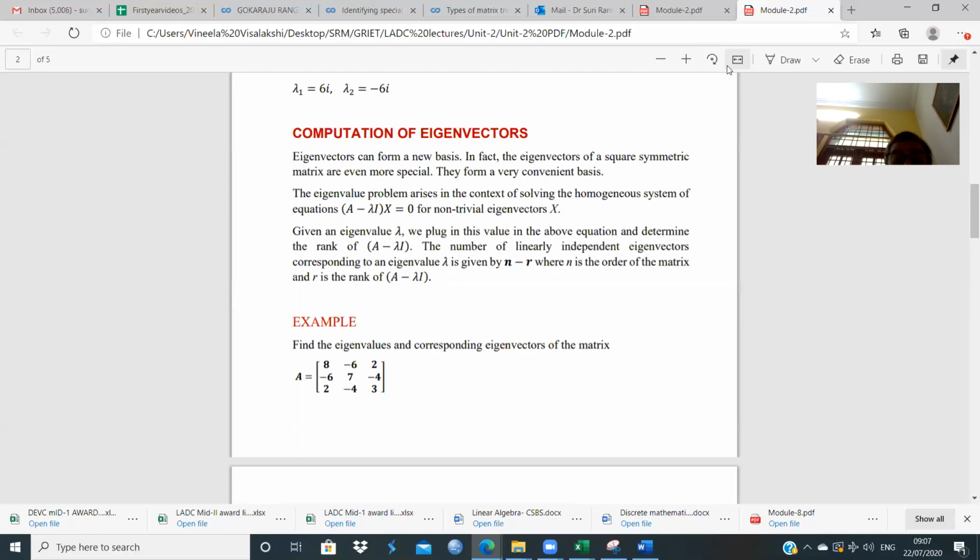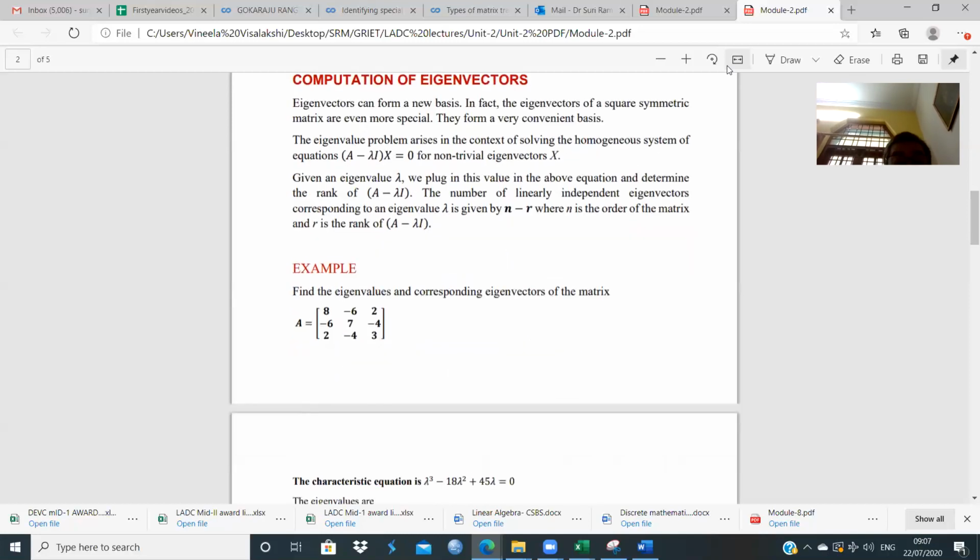So given an eigenvalue lambda, we plug in this value in the above homogeneous system and find the rank of the coefficient matrix A minus lambda I. The number of linearly independent eigenvectors corresponding to an eigenvalue is given by the rule n minus r, where n is the order of the matrix and r is the rank of A minus lambda I for that specific lambda.